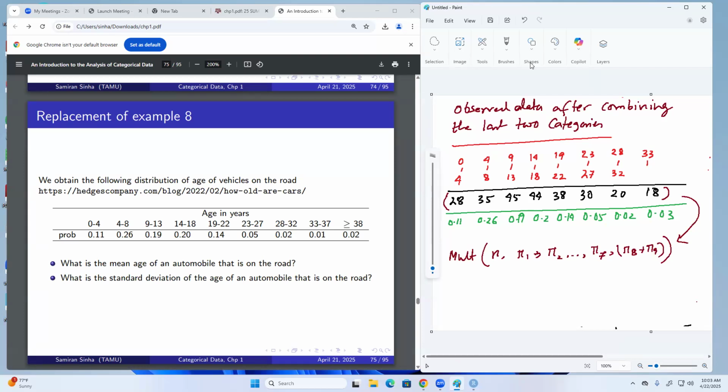Pi 8 and pi 9 were the probabilities for the 8th category and 9th category. Now they are combined together, they are added.